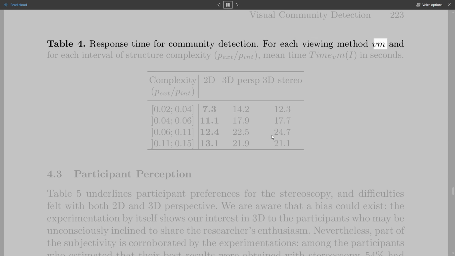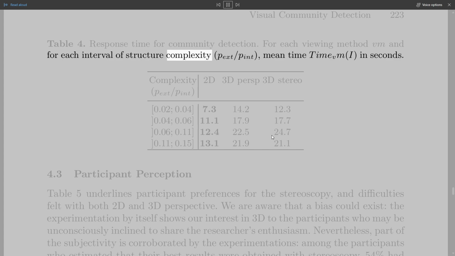For each viewing method VM and for each interval of structure complexity, PEX/pint, mean time E_VM,I in seconds. Complexity, 2D, 3D persp, 3D stereo.